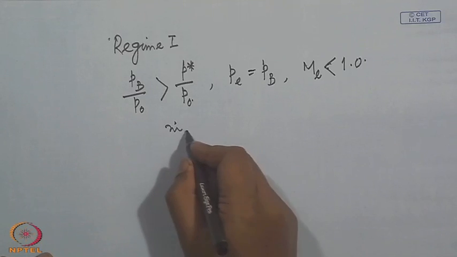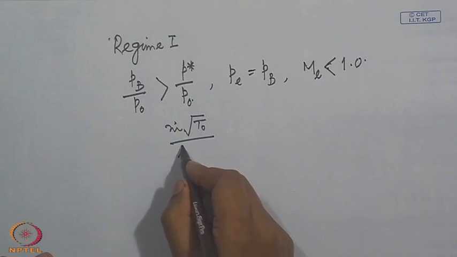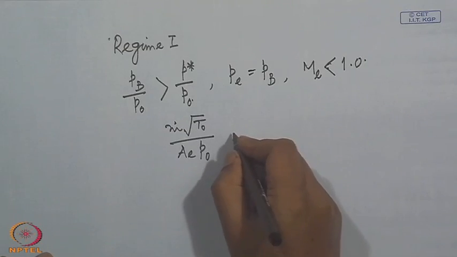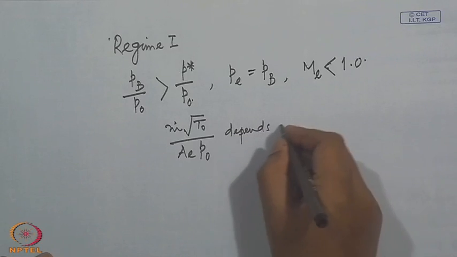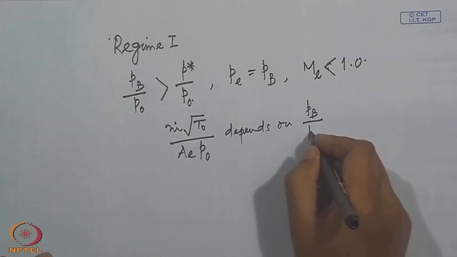That is, the mass flow rate m dot root T 0 by A e P 0 depends on P b by P 0.